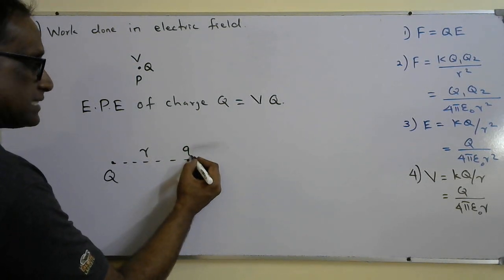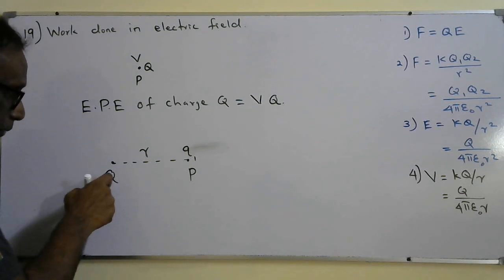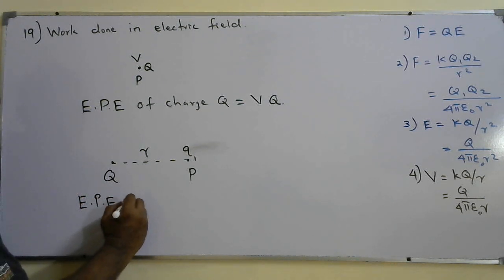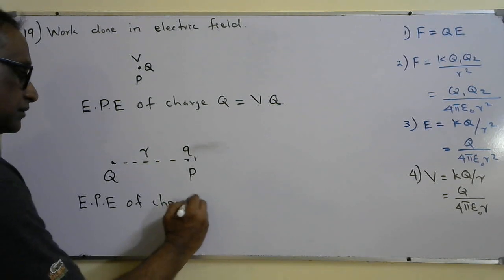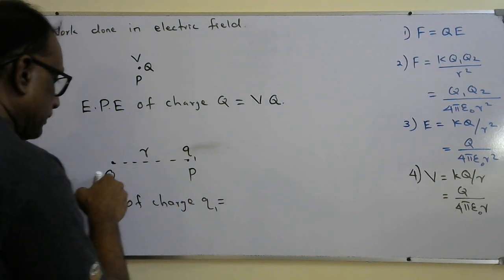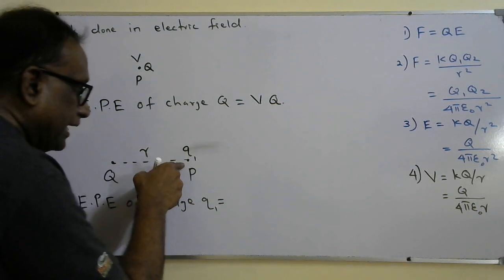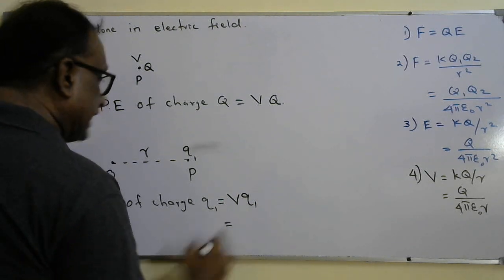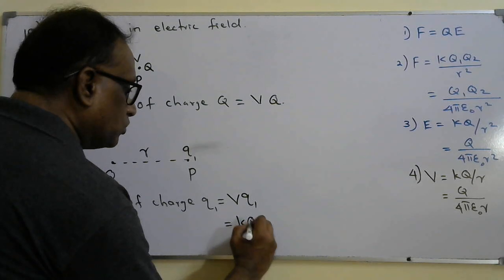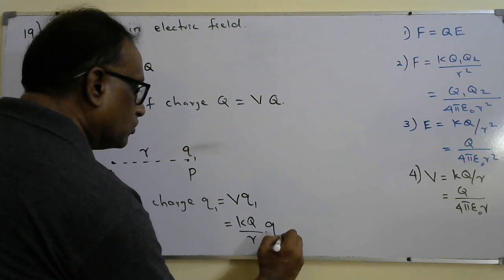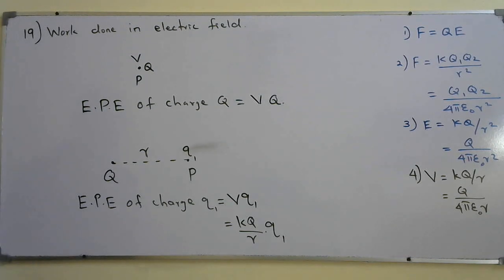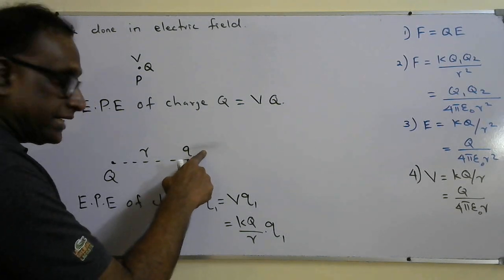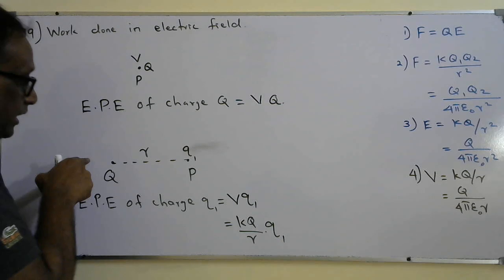The charge Q1 is in the electric potential created by the point charge Q. So its electrical potential energy is V times Q1, but V is equal to KQ over R. So KQ over R times Q1 is the electrical potential energy of point charge Q1 when it is in the electric potential created by another point charge capital Q.